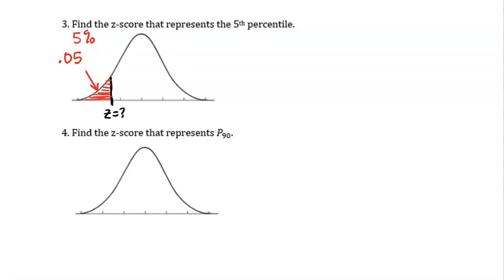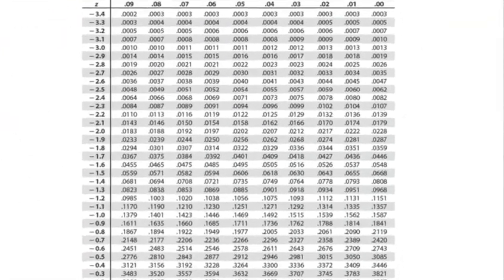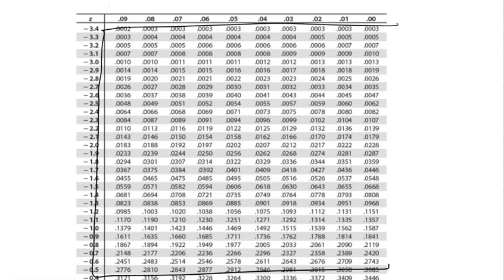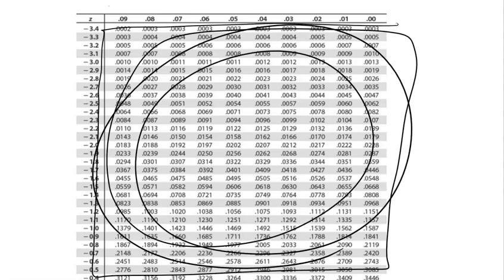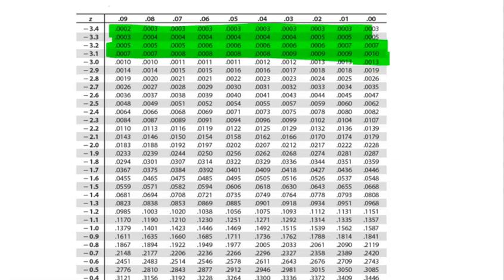I hope everyone sees that that z-score must be negative because it's to the left of 0, because that area is less than 50%. So one thing we could do is come to our standard normal distribution table and look in the table, because in the actual table, I hope everyone understands this, please email me if you have a question about what I'm saying right now.